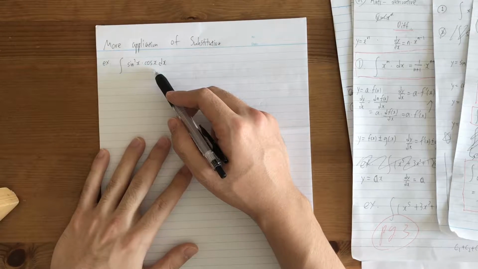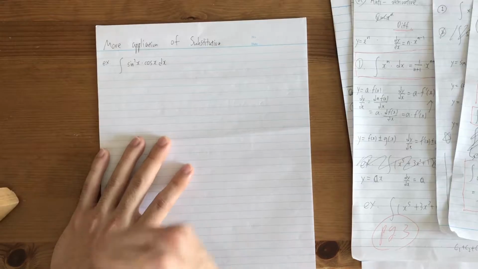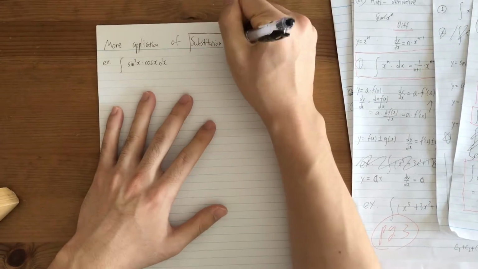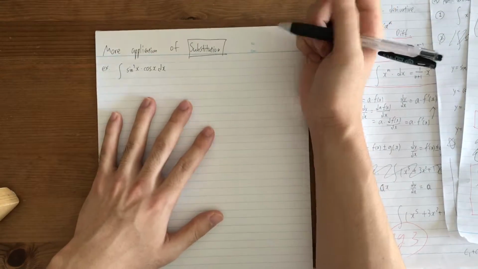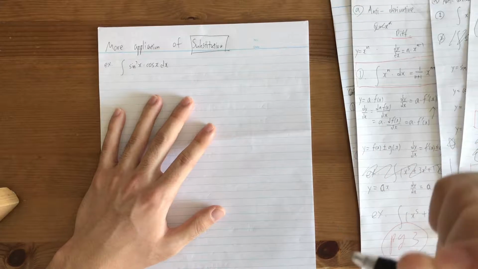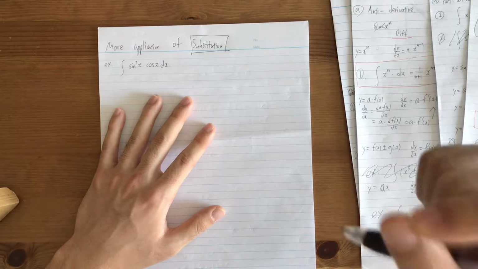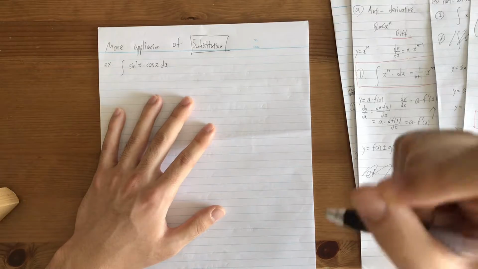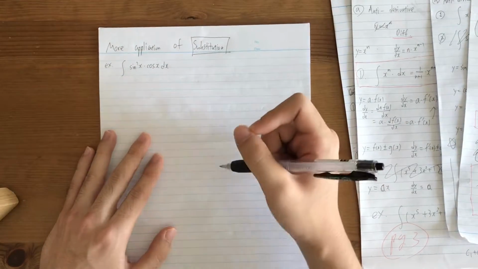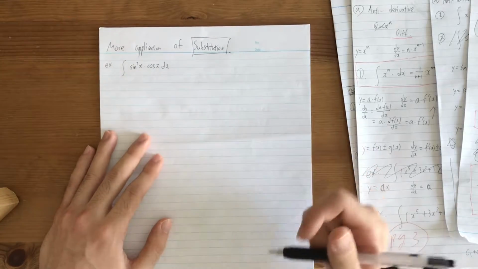So what we can try is that we can use substitution to solve this. The main part of integration by substitution is that it really depends on what you can substitute. And there are not many options to substitute, and if you do a wrong substitution, you don't get the answer.